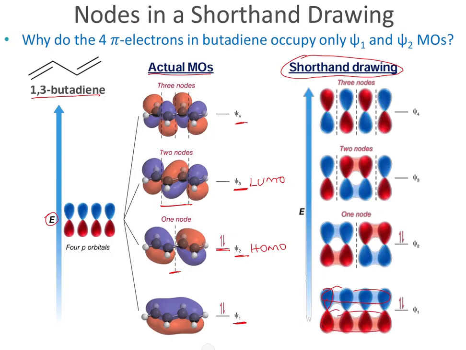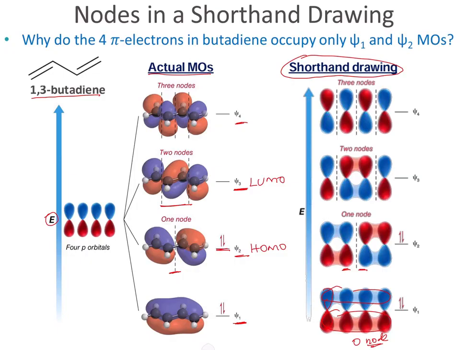So there is no node. Psi1 has 0 nodes. Psi2 has 1 node. So the electrons cannot be delocalized between carbon number 2 and carbon number 3.